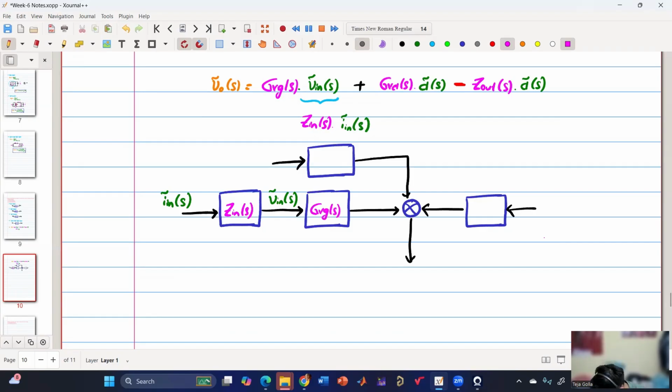And say here I start with D tilde of s. What will go here? GVD of s. And then what else is left? Z out of s. What is the input?